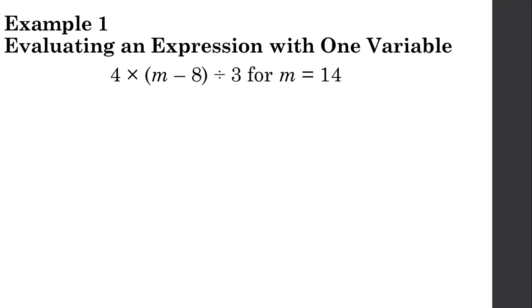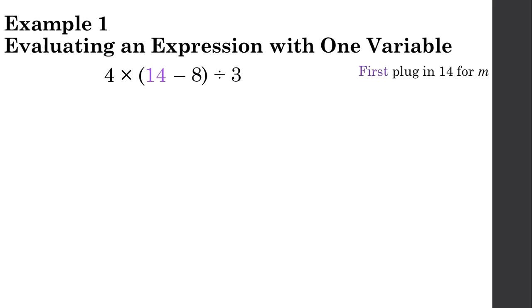And we need to plug that in and figure out what the value of this expression is. So first things first, we're going to take the variable m and we're going to do a little magic and turn it into the number 14. So now we no longer have any variables. We have all numbers. It's now a numerical expression.